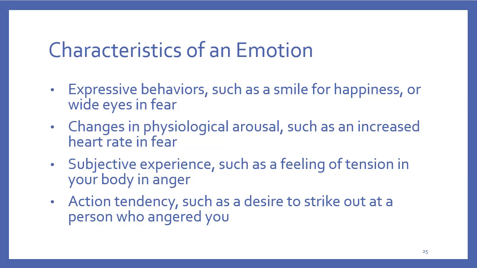So those physiological changes can be manipulated or trained, but they're generally going to happen automatically. We also have subjective experience, so that there's a feeling of tension in your body, which can be objective too. You can have muscle tension when you're angry or any other emotion. It could lead to different kind of muscle tension, I suppose.